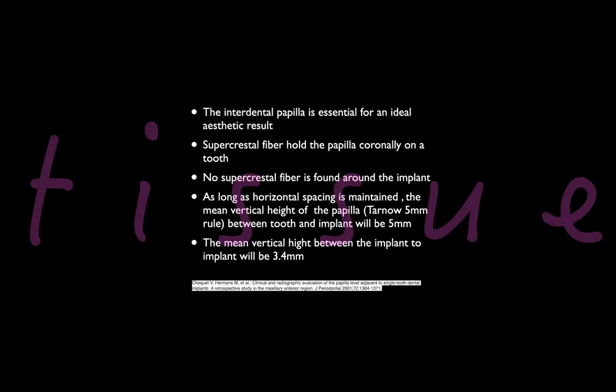So that's something you need to go ahead and check every time you place an implant, to measure the head of your implant in relation to the contact point of the adjacent tooth. And then the mean vertical height between implant to implant will be 3.4 millimeter. Okay.